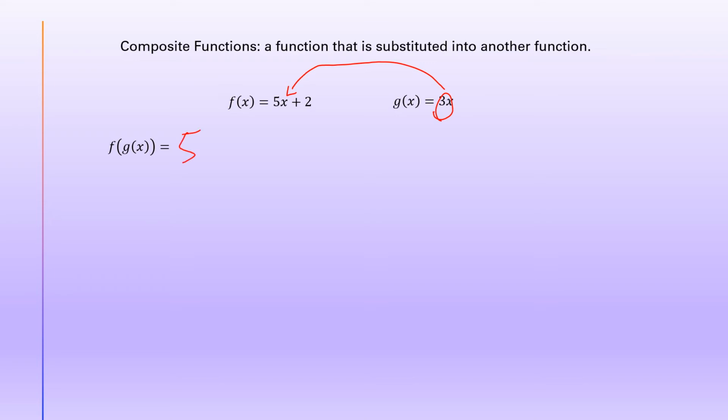So that would give us 5 times 3x plus 2, because 3x essentially becomes the x that's part of the f of x function.